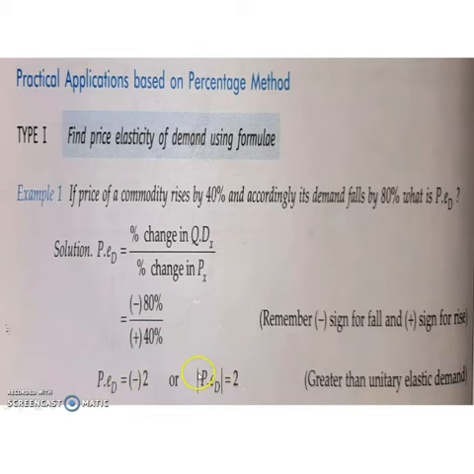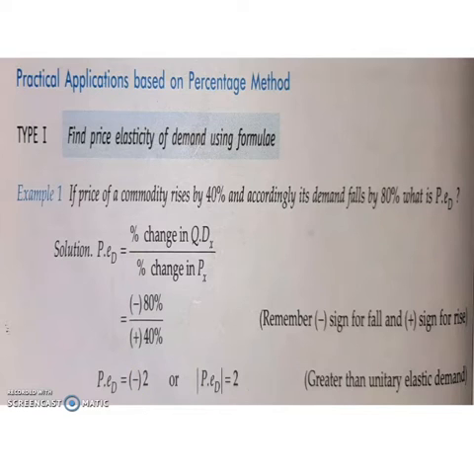If we put it in the determinant line, we can write it as 2. There is no need to write the sign. That is, the coefficient of PE, price elasticity, is equal to 2. Okay, so price elasticity of demand always shows a negative sign.